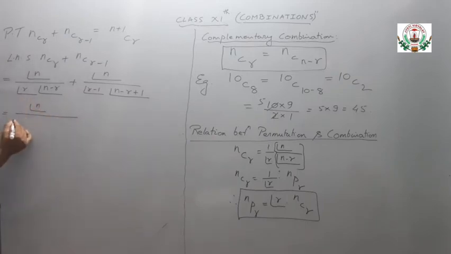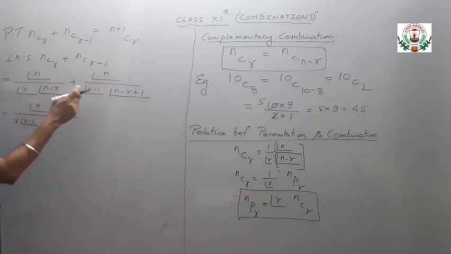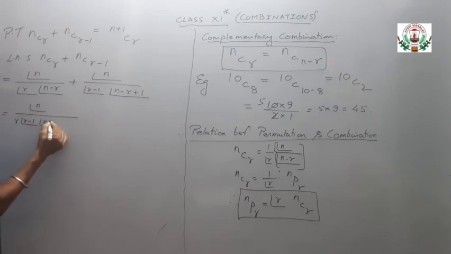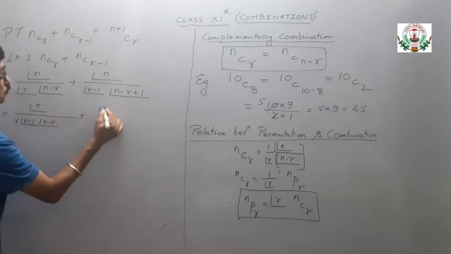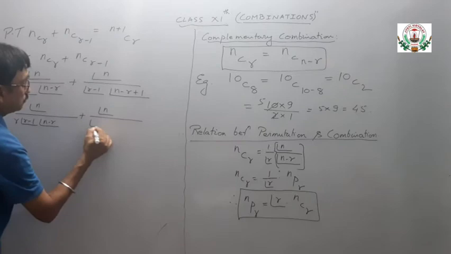Factorial r can be written as r into factorial r minus 1. Factorial n can be taken out common in the next step. Factorial r minus 1 also can be taken out common.